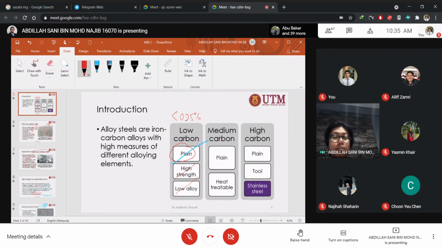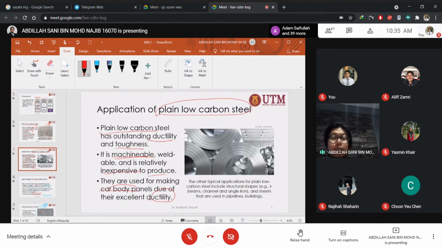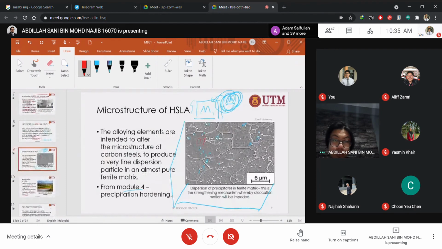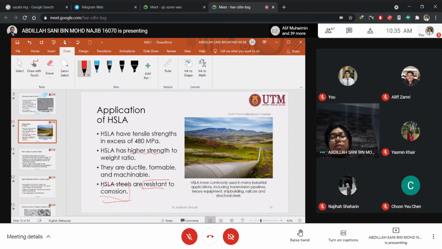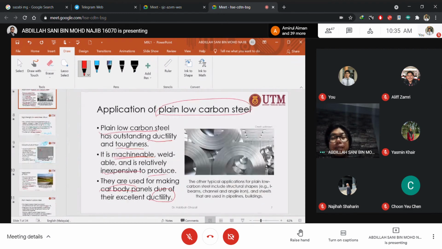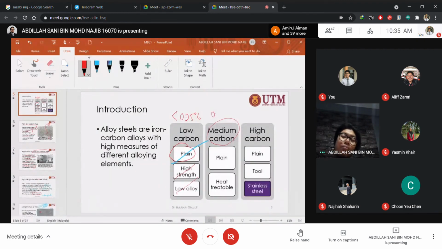And then we go to the medium carbon steel. Plain medium carbon steel has a carbon percentage of 0.25 to 0.6.